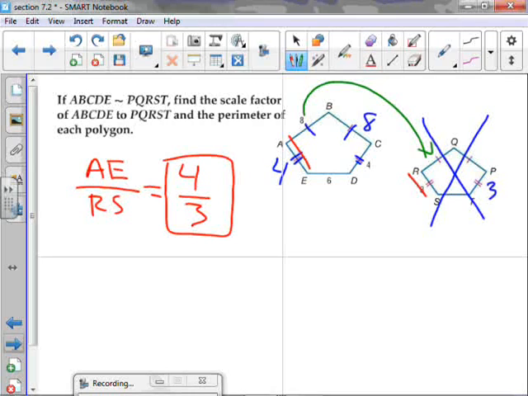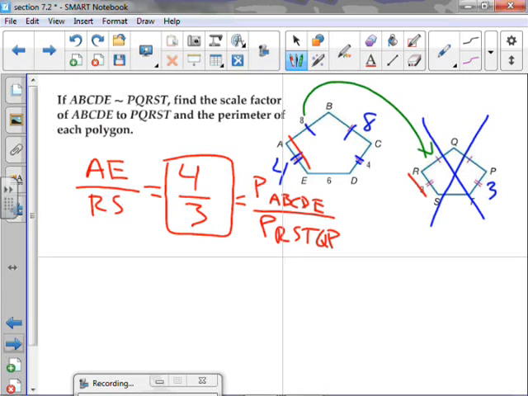Now I know that this must equal the perimeter of ABCDE over the perimeter of the other guy, R, S, T, Q, P. Those are not in the right order, but for perimeter it doesn't matter so much. Okay? 4/3 must equal the ratio of the perimeters.